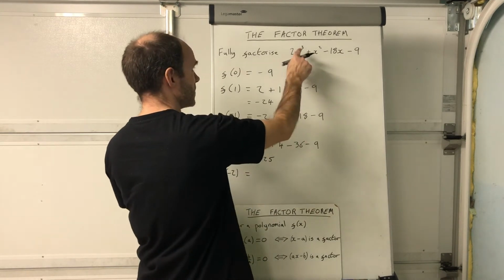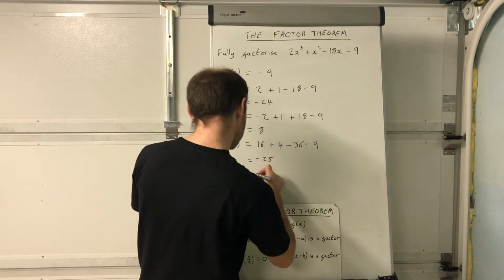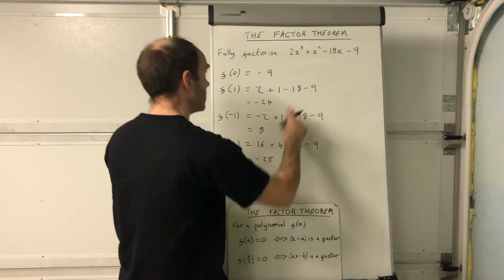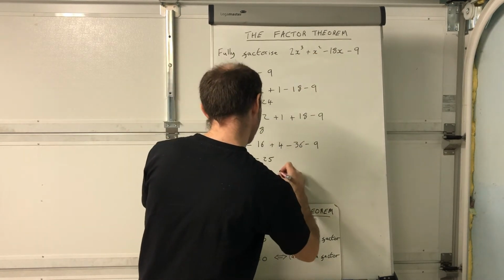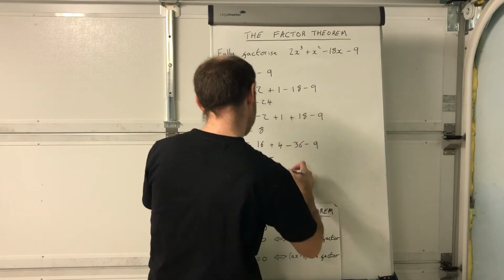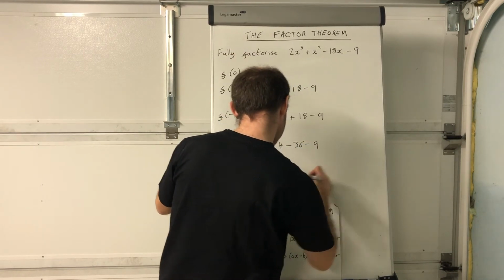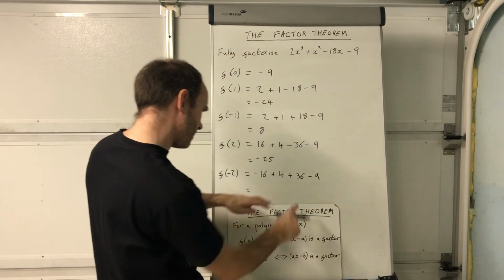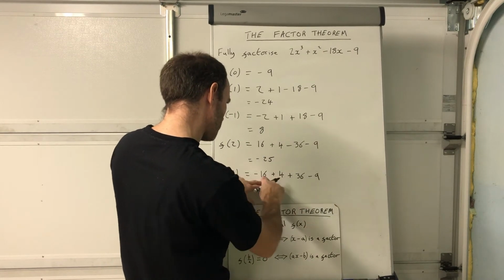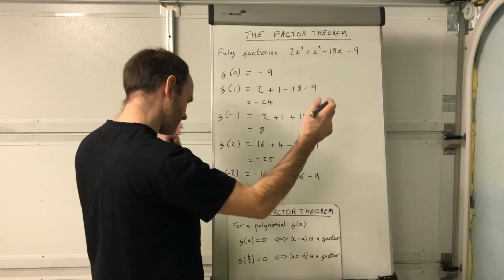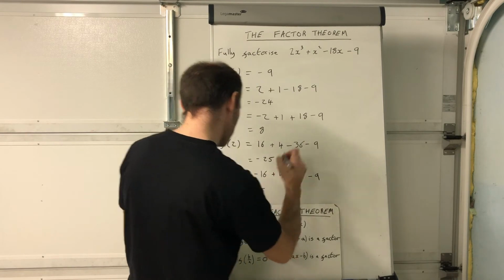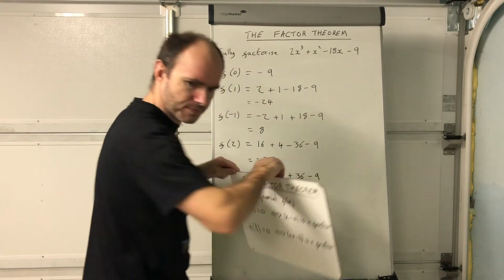That's going to be 2 times negative 8, so it's negative 16, plus 4, plus 36, and then subtract 9. Is that working out for us? No, that's 40, subtract 25, that's 15. No, that doesn't work.